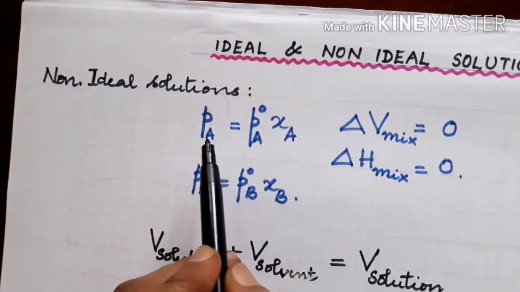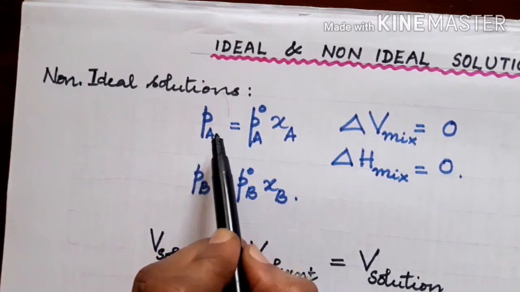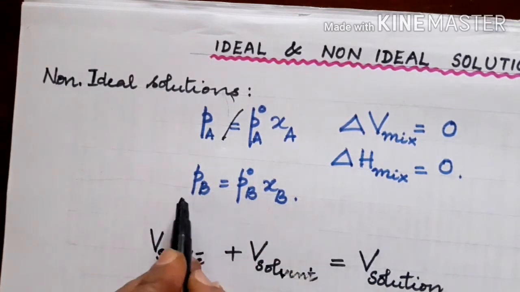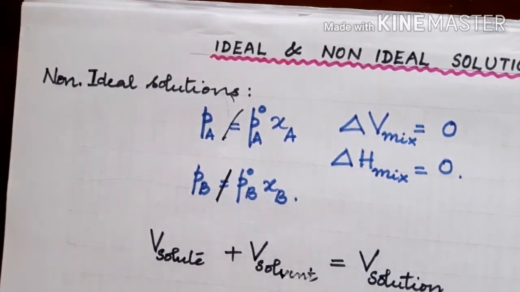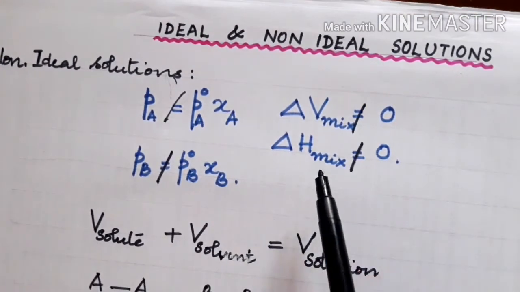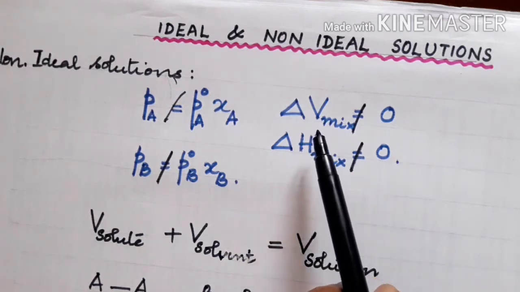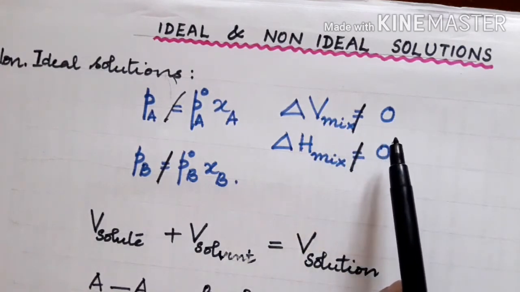So then we can represent it as PA not equal to P0A XA, PB not equal to P0B XB, and where delta H of mixing is never equal to 0, delta V of mixing is never equal to 0.